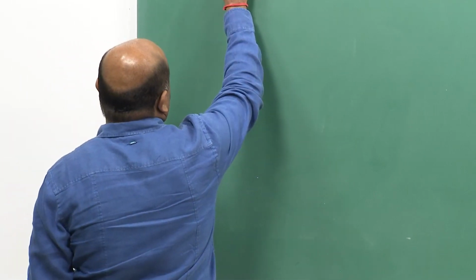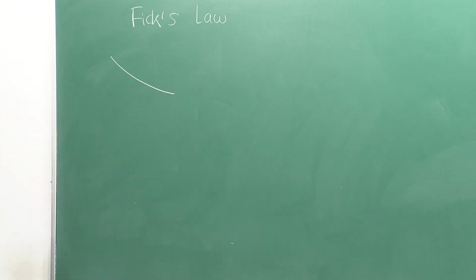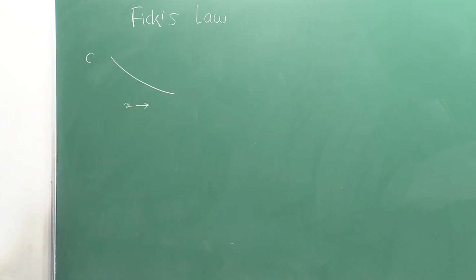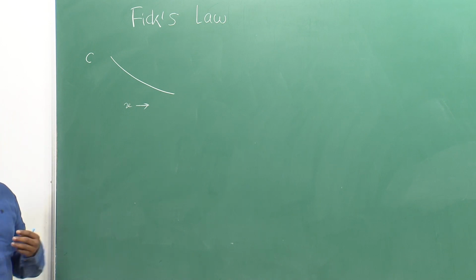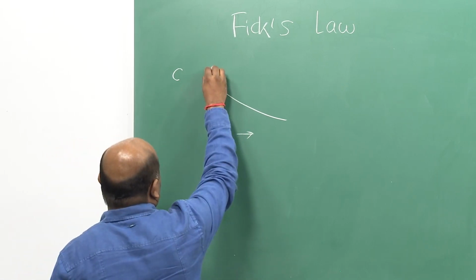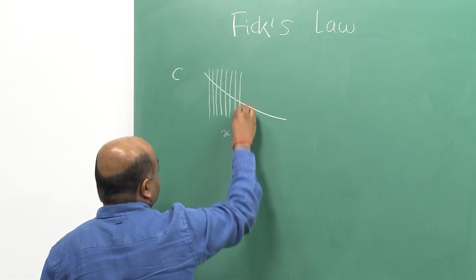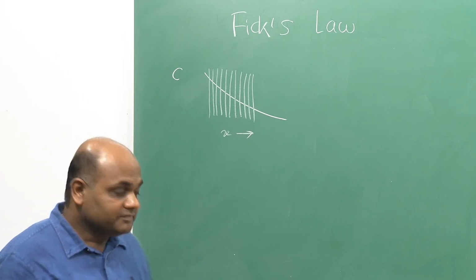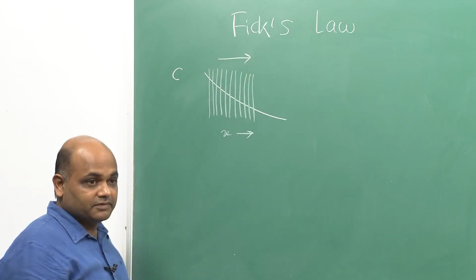So, consider a crystalline solid in which there exists a concentration gradient, right. So, this is the concentration gradient that I am drawing. Now, since in solids again the diffusion takes place by atomic hopping, if we consider adjacent atomic planes perpendicular to the direction of diffusion, so this is the direction of diffusion, right.